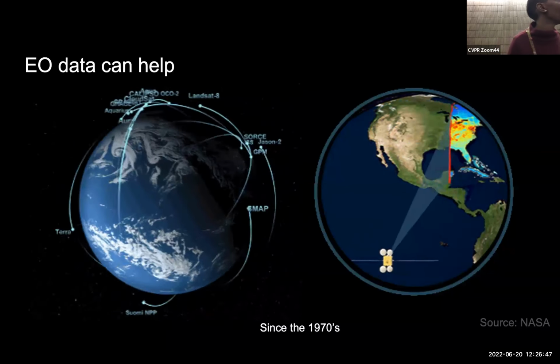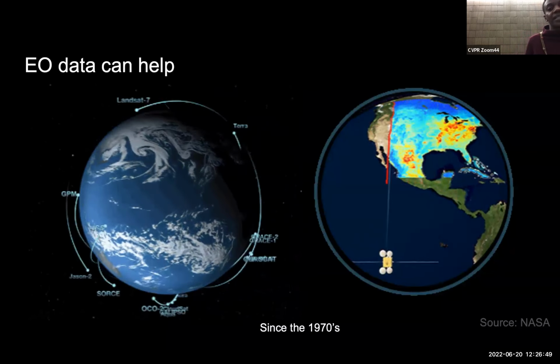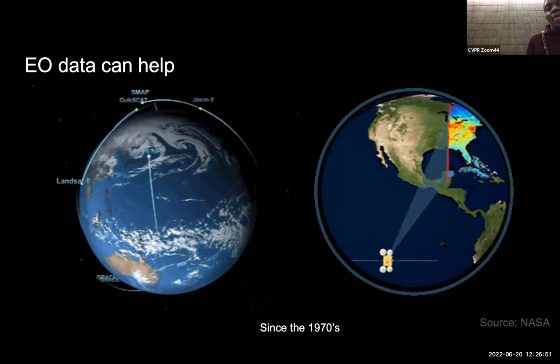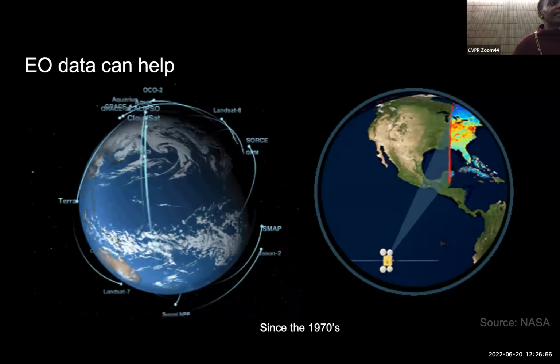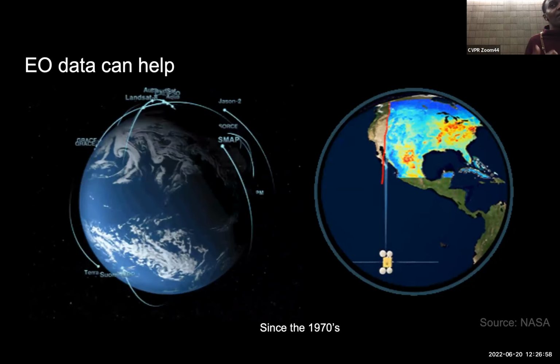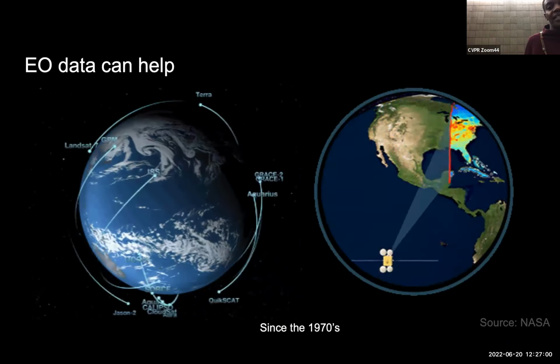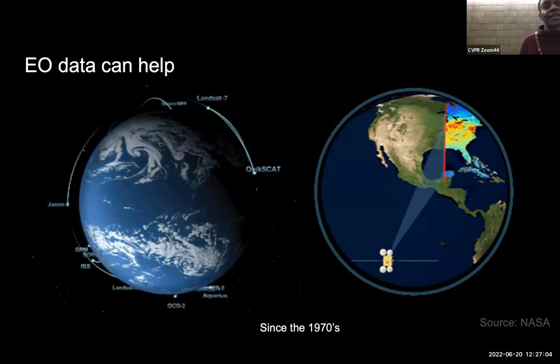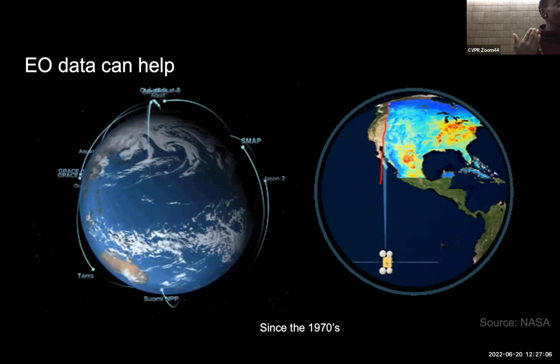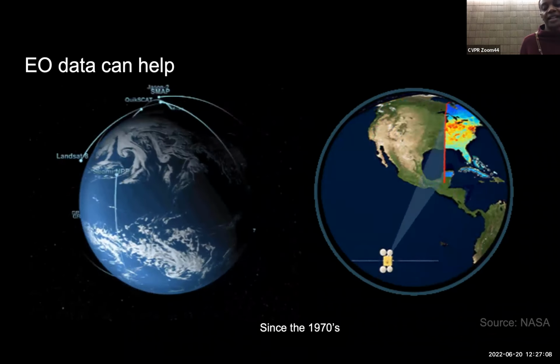Since the 70s, we've had land monitoring satellites, Landsat. What these make possible is that not only can we look back in time, but we can understand what's happening currently. And so there are some really interesting data sets that we can extract from these satellites, and Hannah will cover that in the next session.